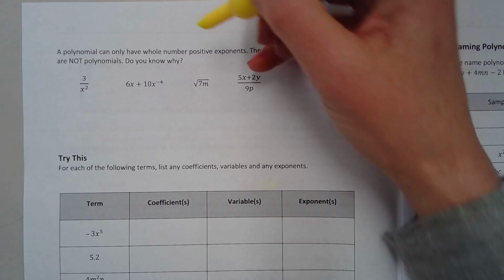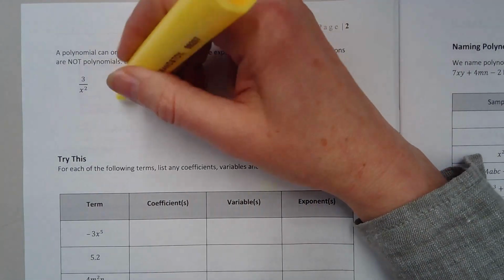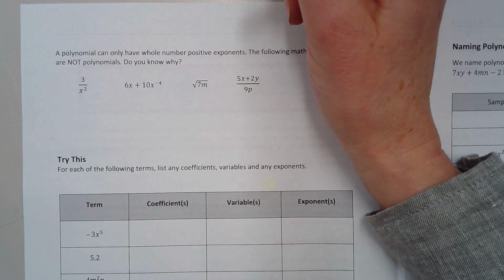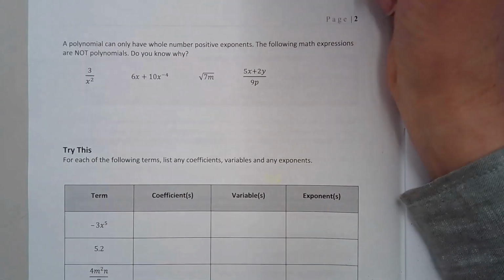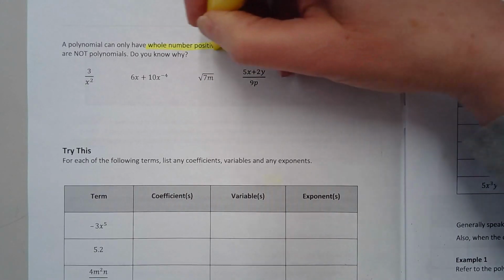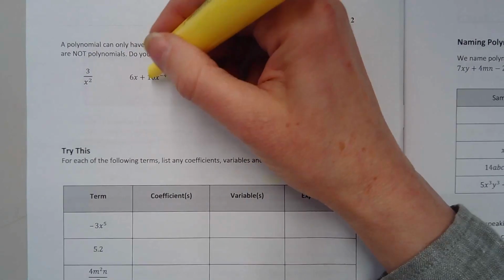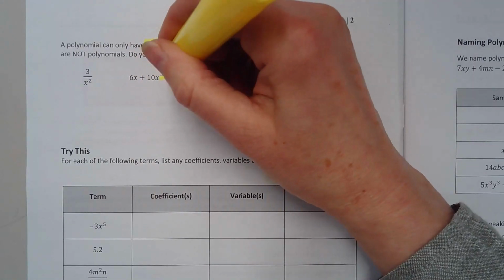So it says whole number positive exponents. What's the problem here in the 6x plus 10x to the negative 4? Remember, they can have only whole number, so no fractions, positive exponents. What about this guy? What's the problem here? Yeah, the negative 4.